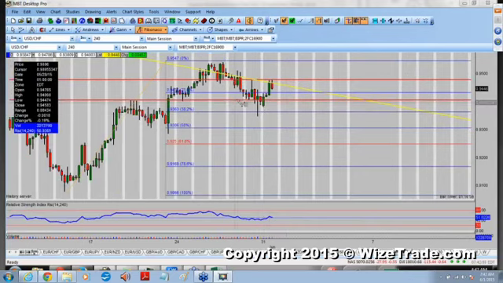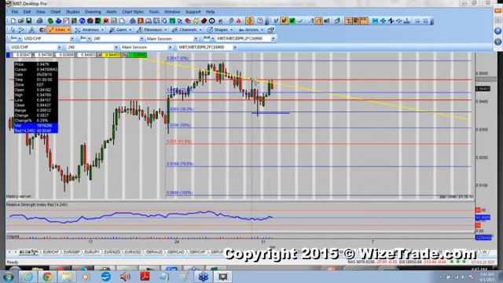Okay, so this 38% retracement here held, obviously, on that spike low right there. That spike high held.